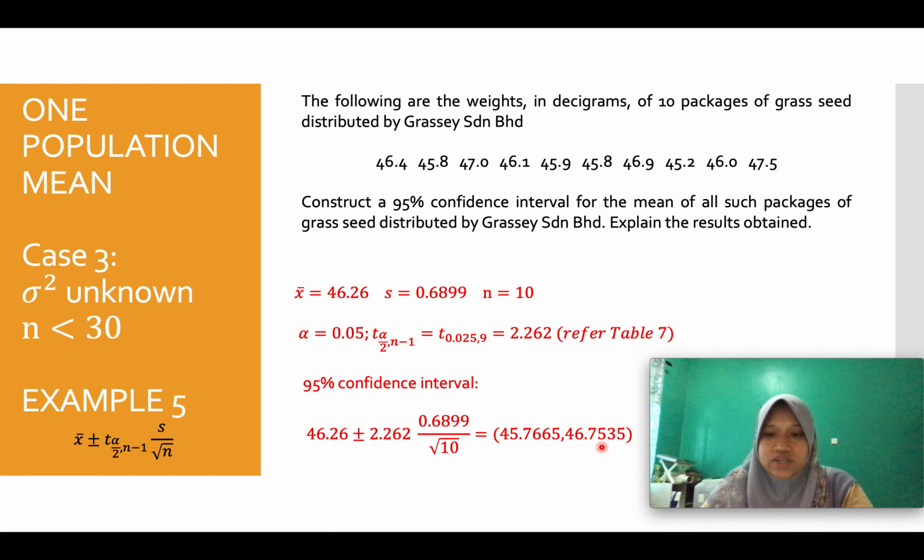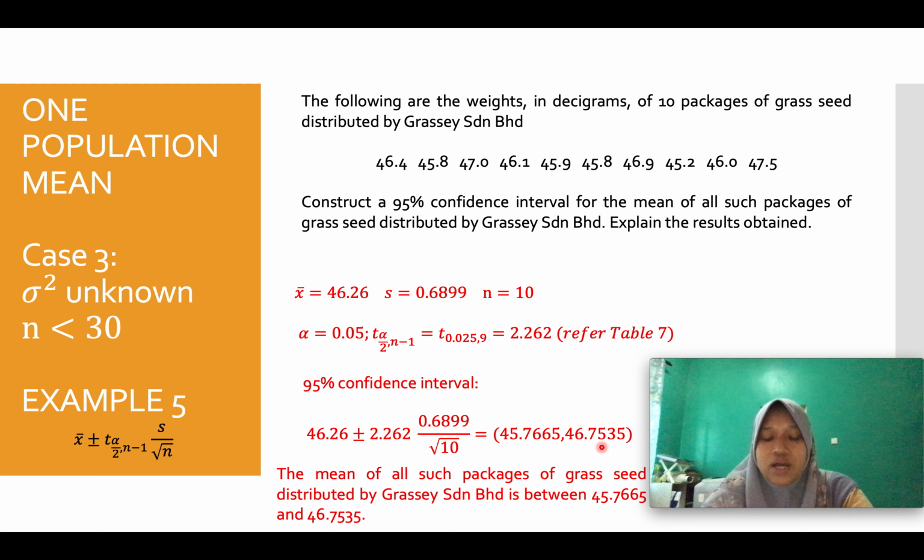So how to interpret this value? We can say that the mean of all such packages of grass seed distributed by Grassi Sdn Bhd is between 45.7665 and 46.7535. Or you can say we are 95% confident the mean of packages is between the confidence interval you obtained.